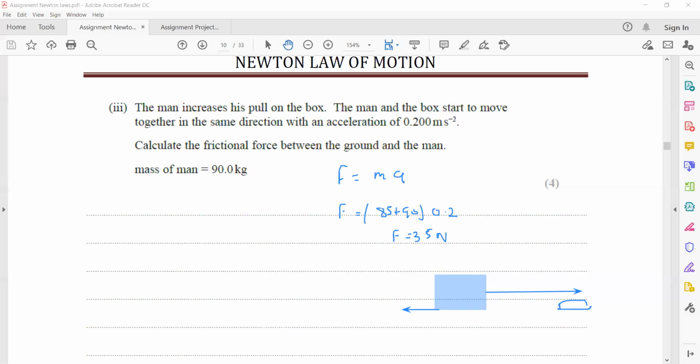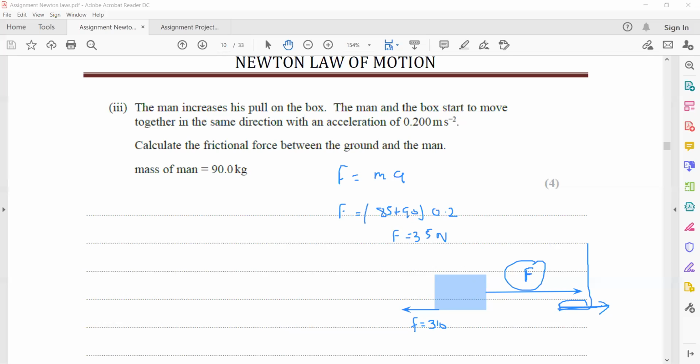If the man is pulling, the friction of the man is the same as the horizontal force causing the motion. And what was the previous friction? The friction between the box and the surface, that friction was 310.